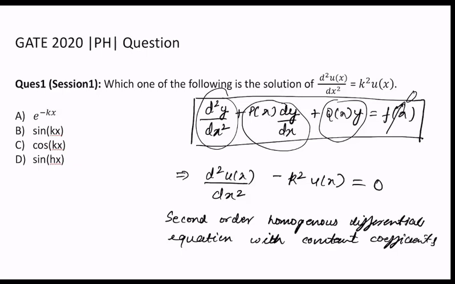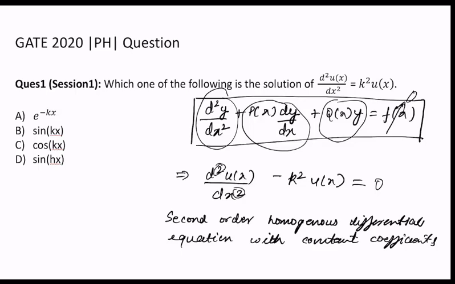If we had some term over here, for example 2x or x, then it would not be homogeneous, it would have been a non-homogeneous equation. But here we have 0, so it is a homogeneous differential equation of second order because there are two time derivatives.